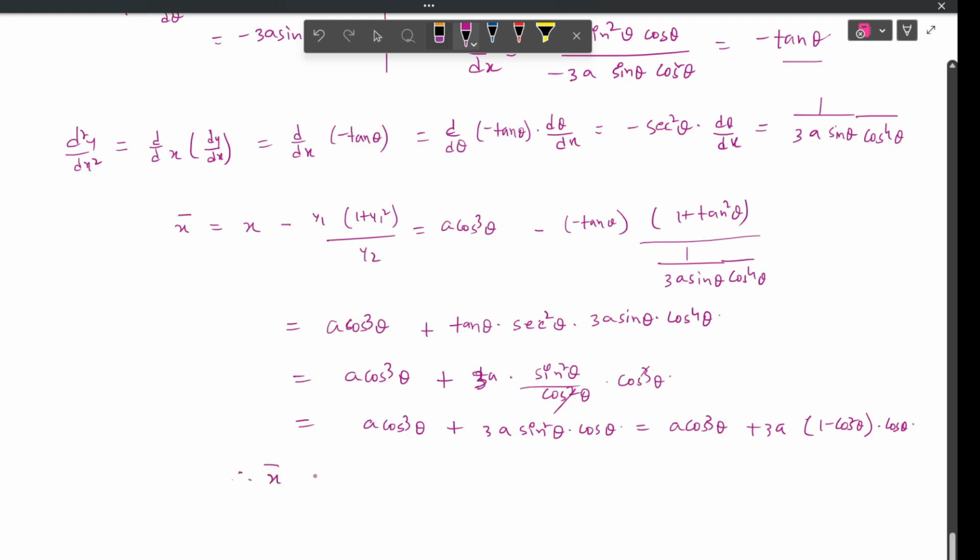So x bar would be 3a cos theta minus 3a cos cube theta plus a cos cube theta, that is, minus 2a cos cube theta.